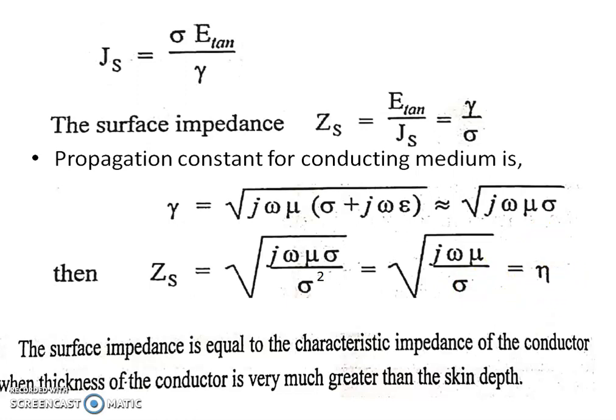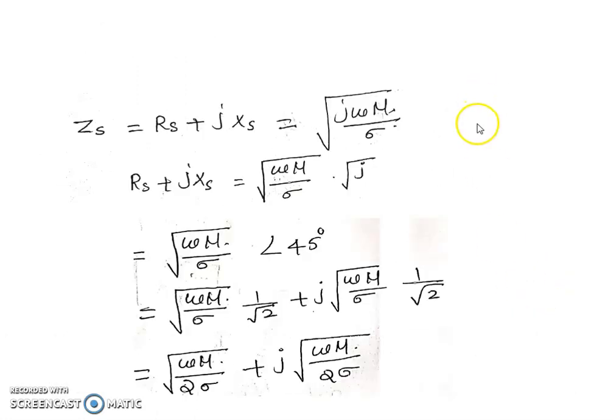So the surface impedance is equal to the characteristic impedance of the conductor when the thickness of the conductor is very much greater than the skin depth, that we get from this equation. Here eta is the characteristic impedance of the conductor. So we know the value of Zs.